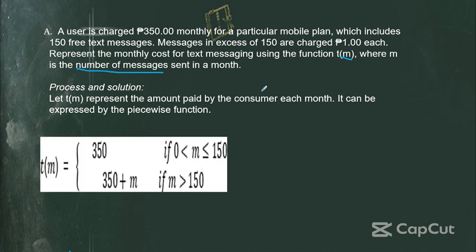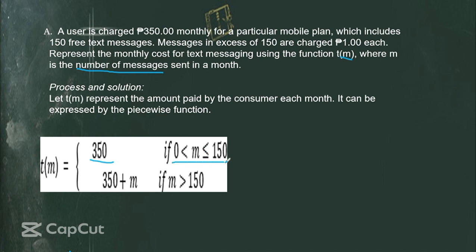So this is the formula. T of M is equal to 350 if the number of messages sent in a month is greater than 0, like 1 message, 2 messages, 10 messages, but make sure it is less than or equal to 150.